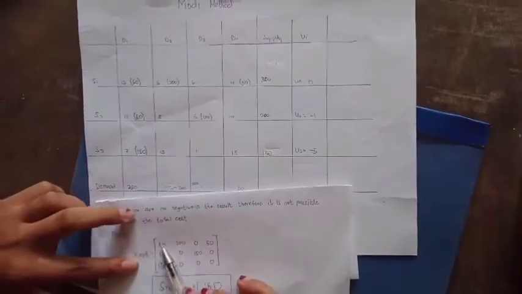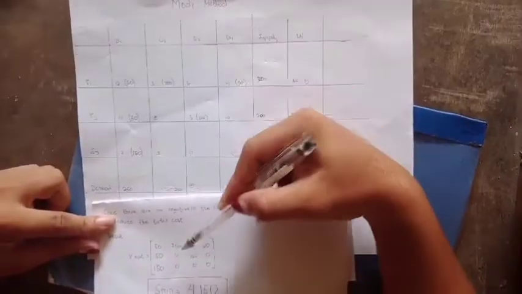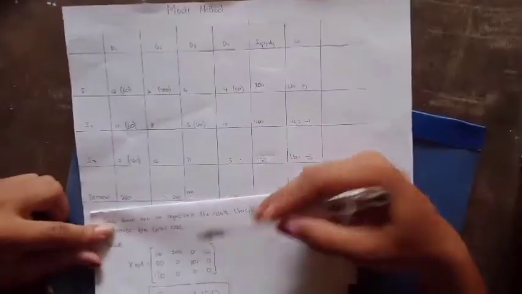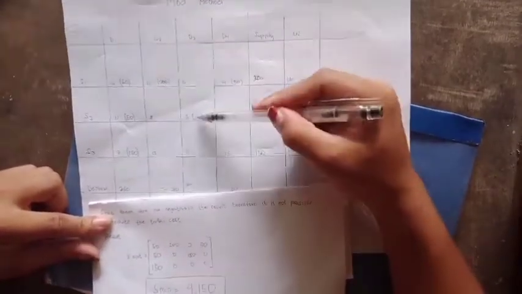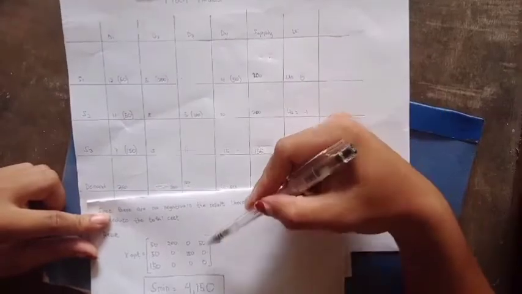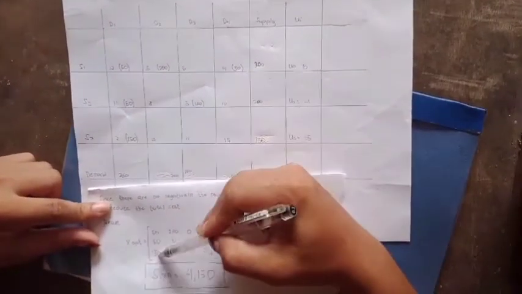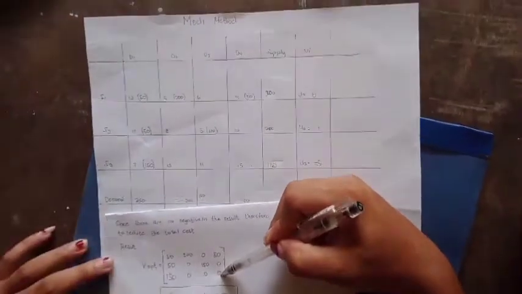The optimal result X, we have here 50, then 200, next is 0, 50, then 50, 0, 150, next is 0, then 150, 0, 0, and 0. So our minimum cost is equal to 4,150, and this is our final answer. That's all. Thank you.